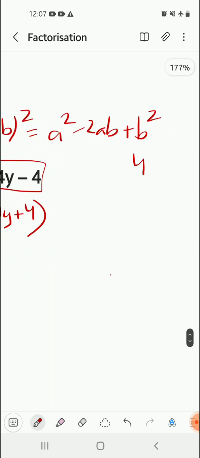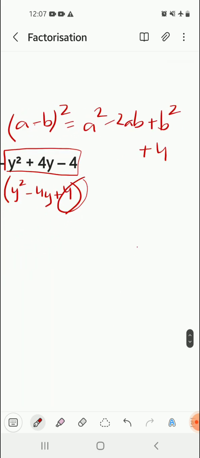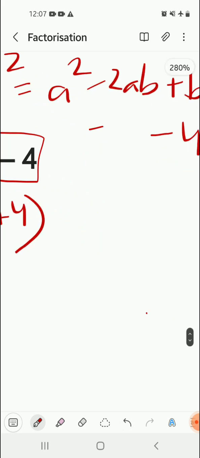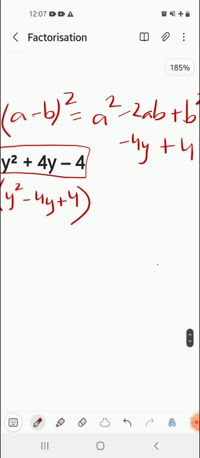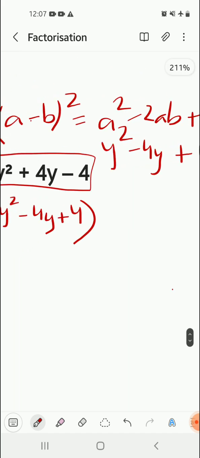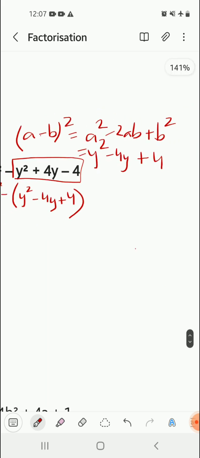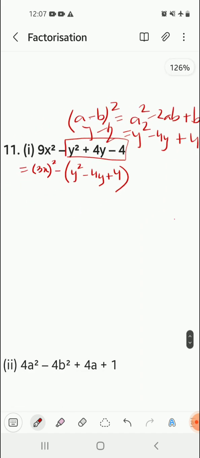See, if b square over here is 4 and 2ab is 4y and a square is y square, it actually means a over here is y and b is minus 2. So it is y minus 2 whole square.